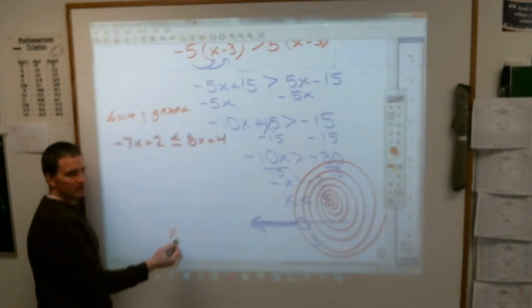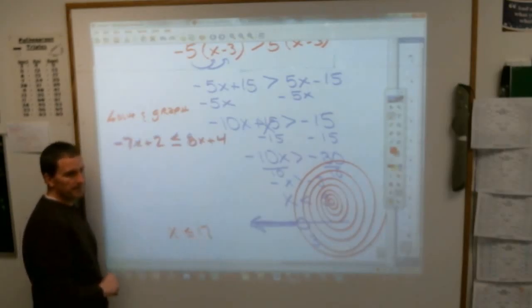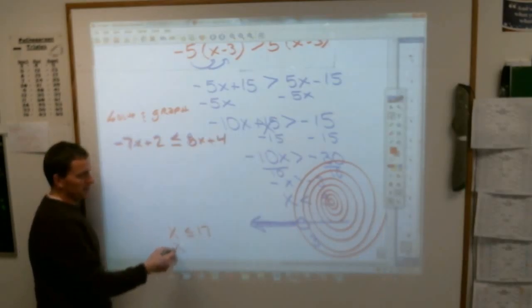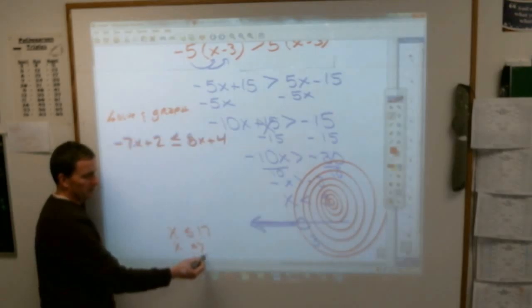X is less than or equal to 17. That's what you got? Good. Maggie? X is greater than or equal to 1. 0.1?